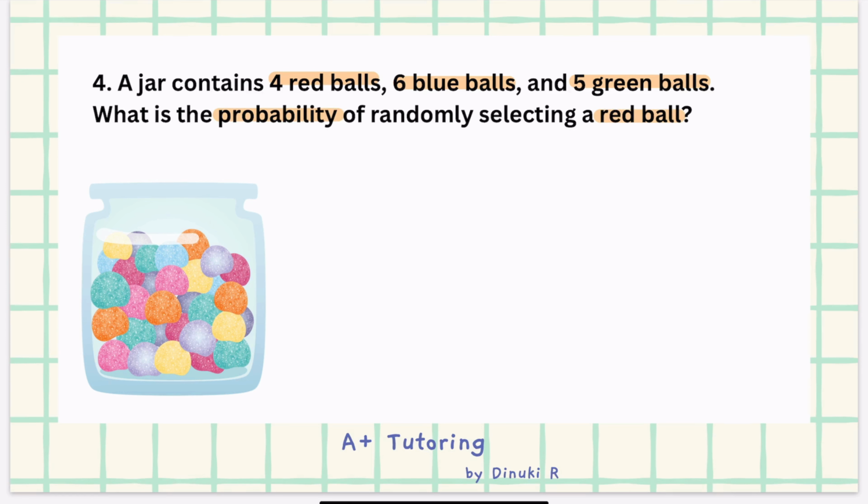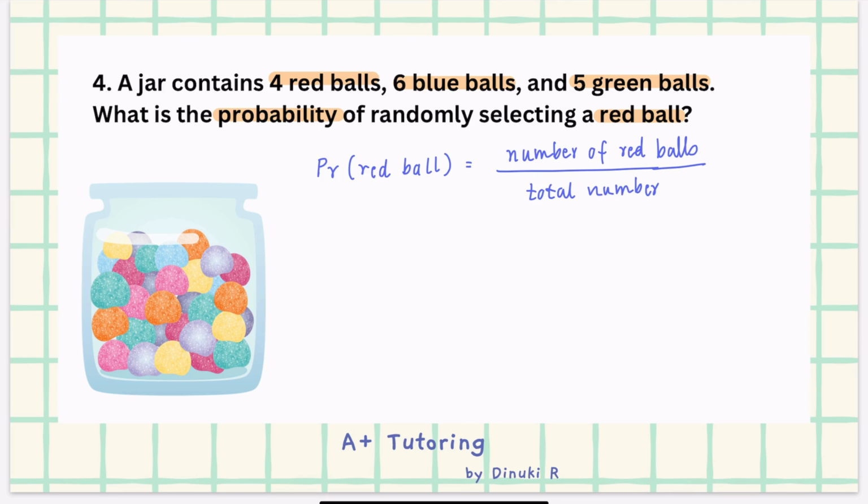So this is a very simple probability question. We're being asked the probability of randomly selecting a red ball. To figure this out, we need to know how many red balls we've got in the jar, so the number of red balls, and the total number in the jar.